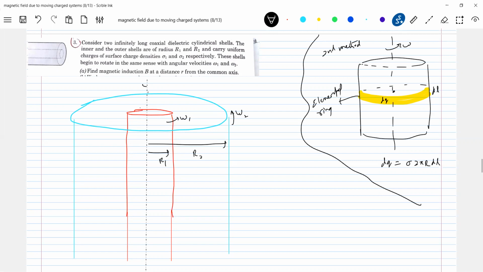Charge densities sigma 1, sigma 2. Any sense. Okay, I'll do one thing. I'll take clockwise. Earlier I took this one. I'll change the sense of rotation.